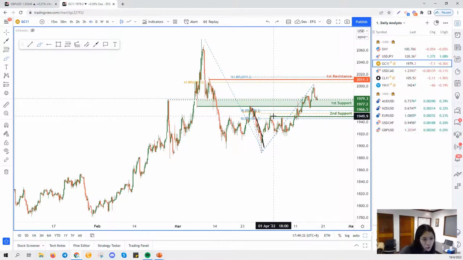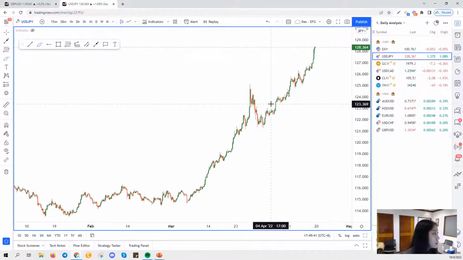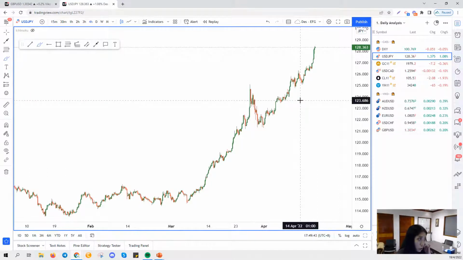If not, I will go to some requested USD buy. Let's look at it. But this one has gone up quite a lot. I would suggest not going for this trade yet, because for the past few days and for the past 4 hours, it already went up to quite a high peak.